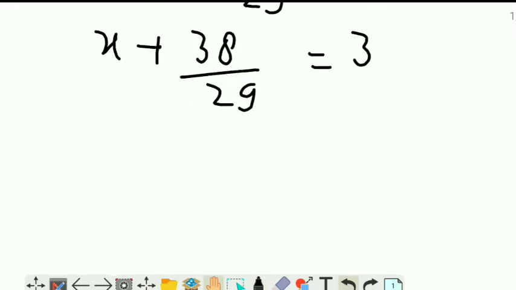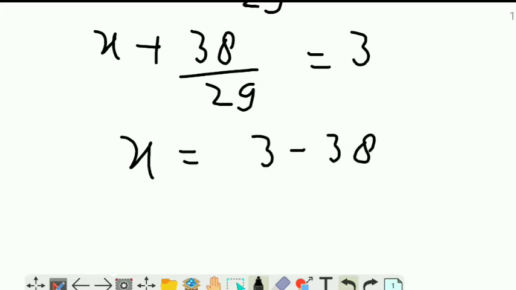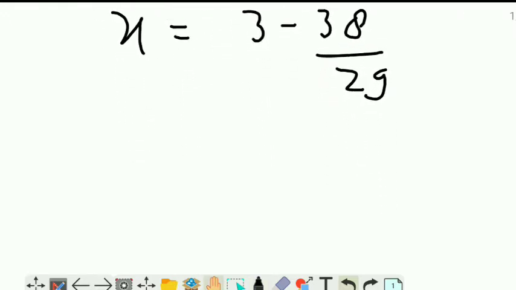Now we will transpose this one. So x is equal to 3 minus 38 upon 29. When we take the LCM here, so what will come? It is 1. So x is equal to, what is the LCM?